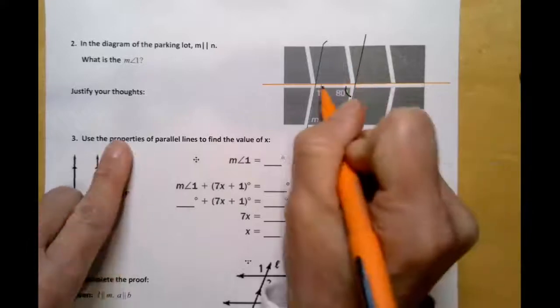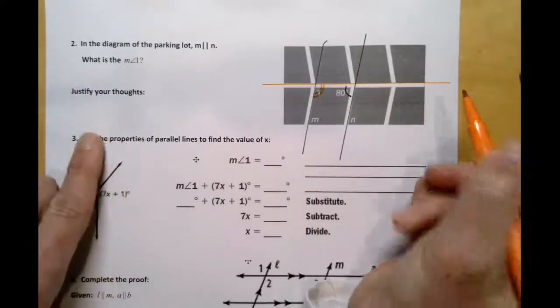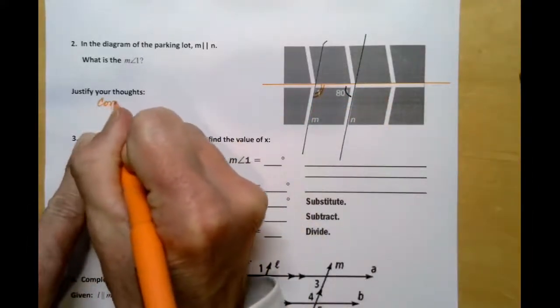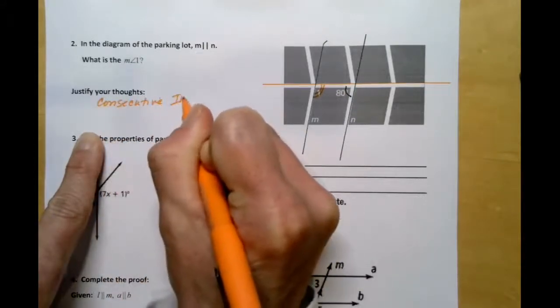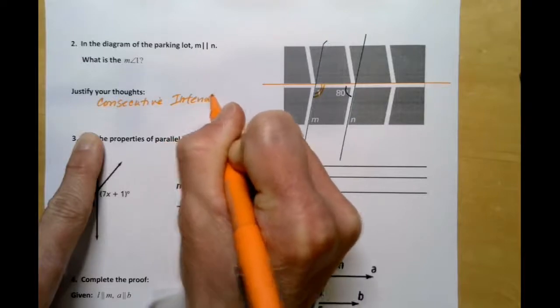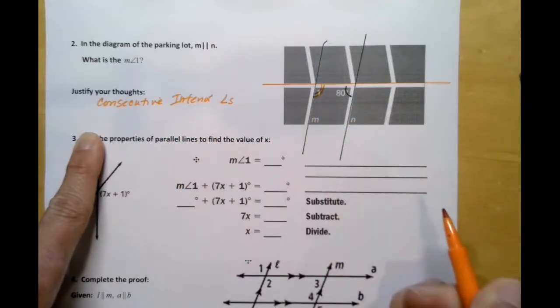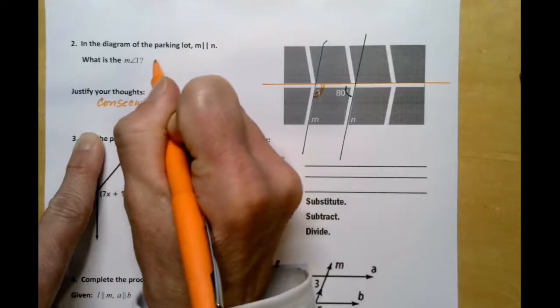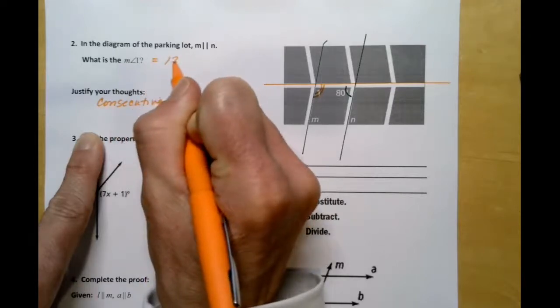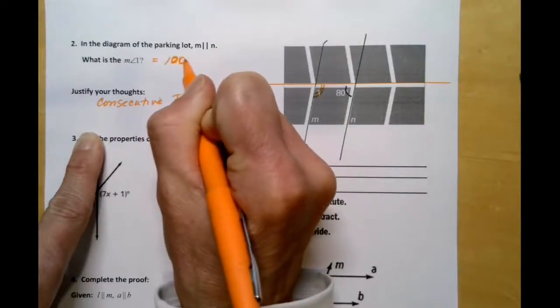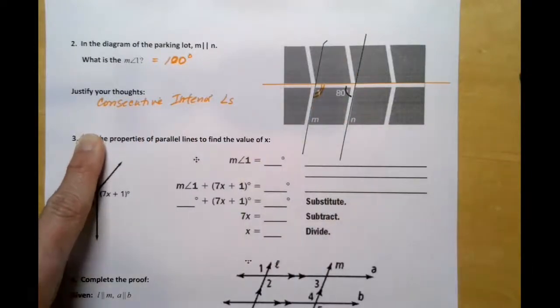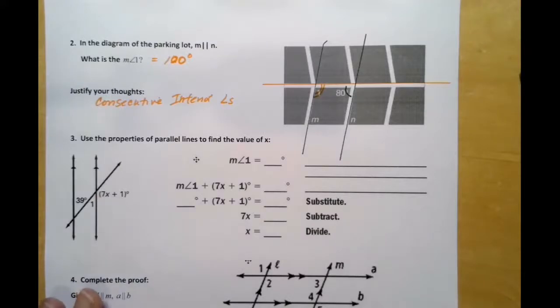I'm looking at consecutive interior angles, which means the measure of angle 1 has got to equal 100 degrees, to make sure that we know that those are supplementary.